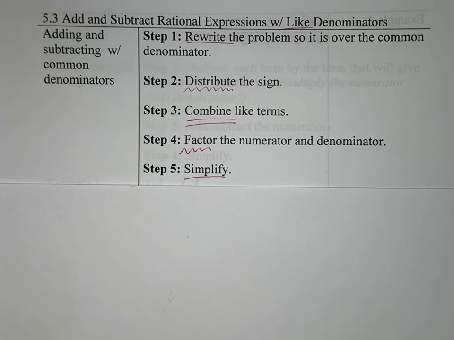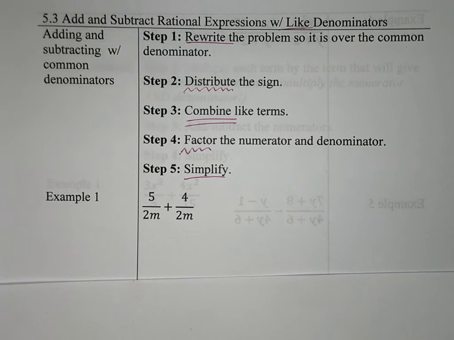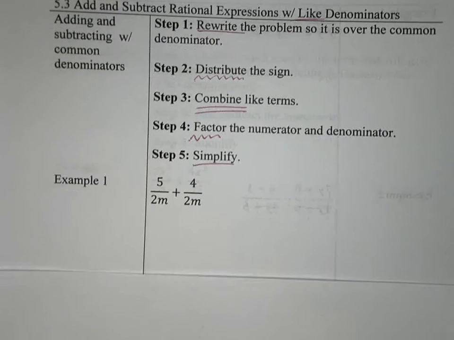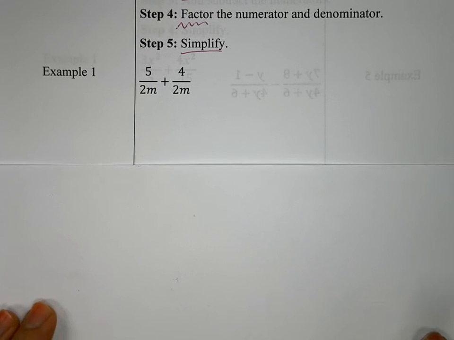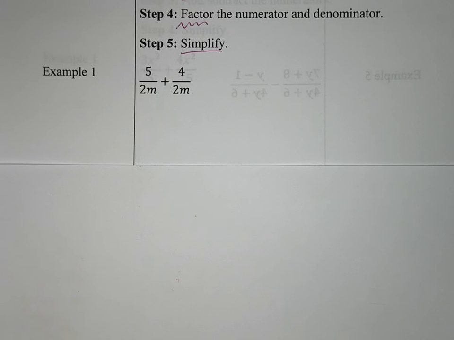Okay, example 1. You guys are going to love this. 5 over 2m plus 4 over 2m. Okay, these are fractions, which means I have to have a common denominator.